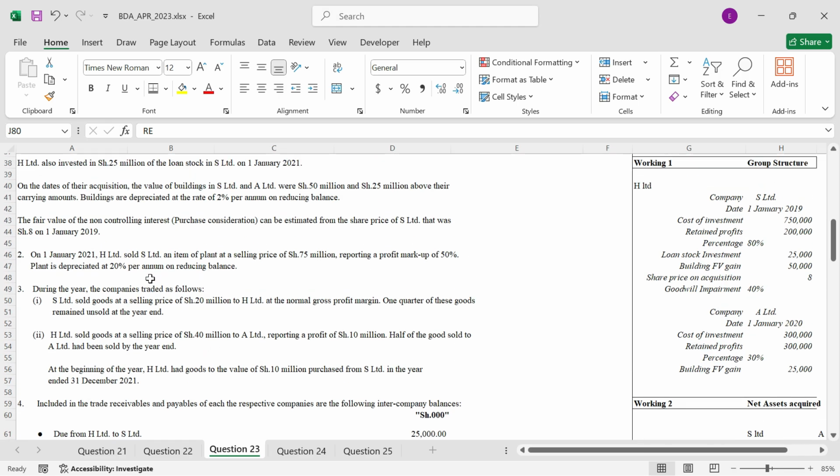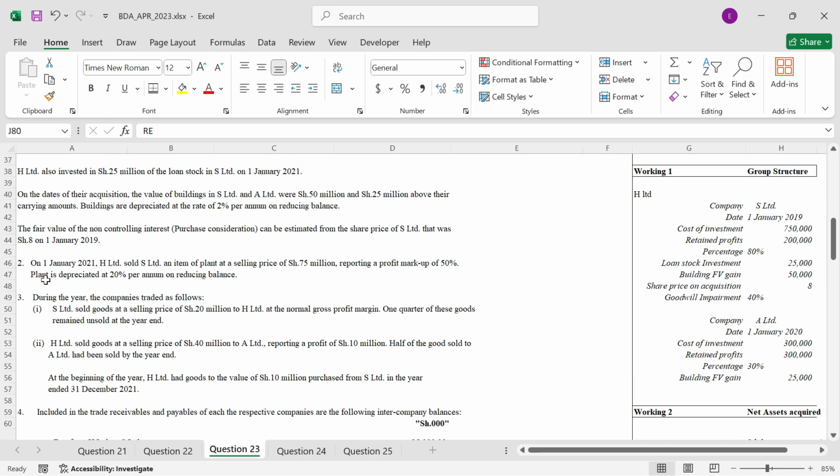Then additional information number 2. On 1st of January 2021, H sold S an item of plant at the selling price of 75 million, reporting a profit markup of 50%. Plant is depreciated at 20% per annum on reducing balance. So this is 2 years ago. I sold this to S at 75 million.